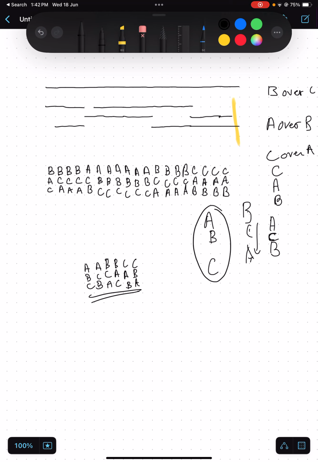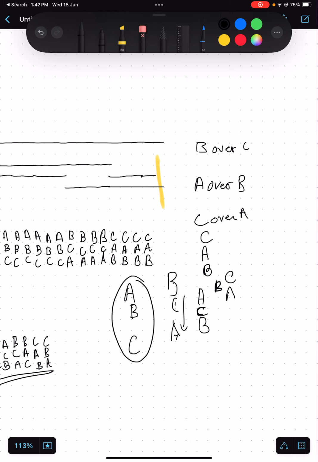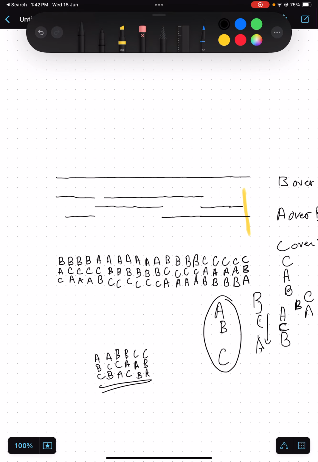So what we have here is C should be over A, but then A should not be over B, and B should not be over C. So what we have here is C, B, and A. So we get C, B, and A. And that's it. Now let's just confirm if we have all the 6 cases available to us.